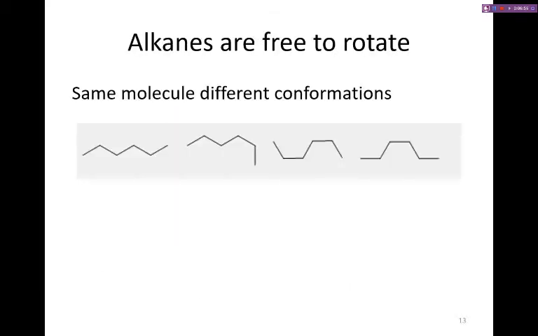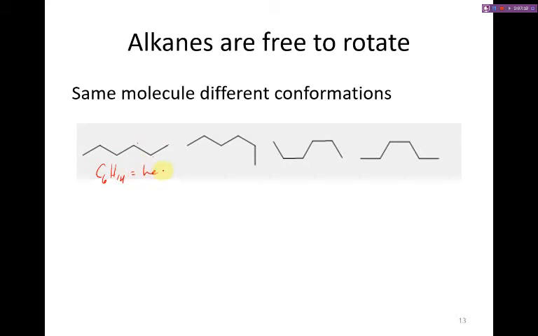Alkanes are also free to rotate around. So these are just different ways of representing the same structure. So even though these look potentially different from each other, these are actually the same molecule. These have 1, 2, 3, 4, 5, 6. So this is a C6H14.